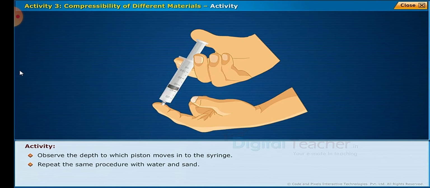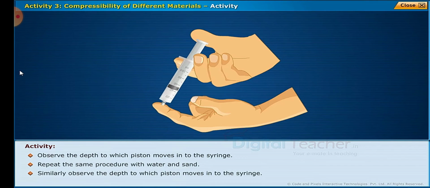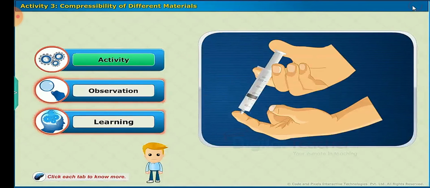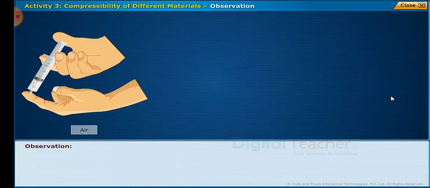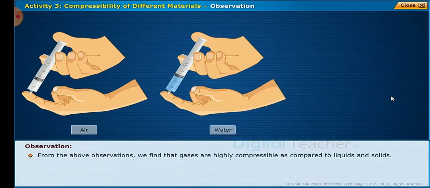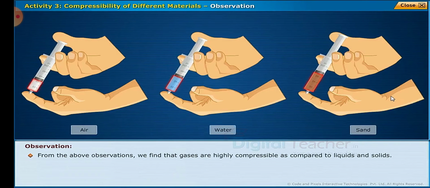Repeat the same procedure with water and sand. Similarly, observe the depth to which piston moves into the syringe. From the above observations, we find that gases are highly compressible as compared to liquids and solids.